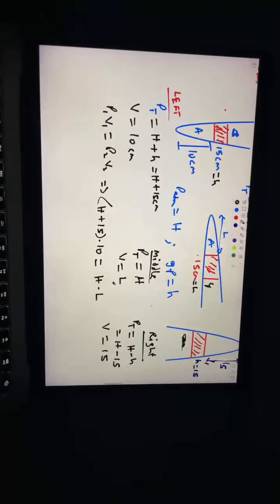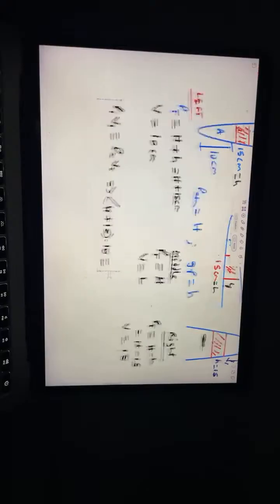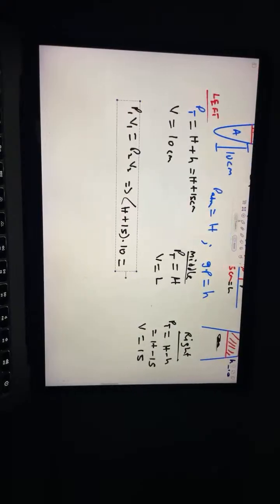So with this equation now, I can equate any of these P1 V1 equals P2 V2. So I think what makes sense for me to do is to first of all equate the left hand side to the right hand side. So let me bring this down. So the left hand side, using Boyle's law, P1 V1 equals P2 V2.